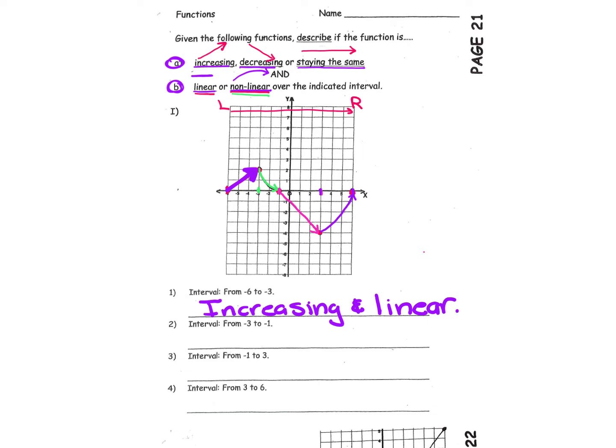You must describe the piece in that interval by choosing something from A and a description from B.